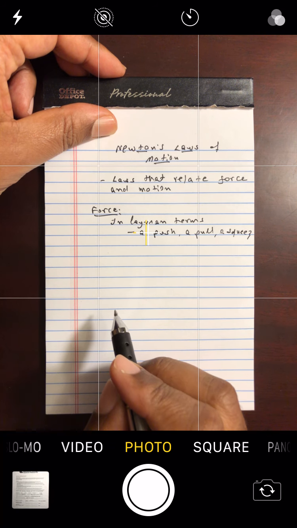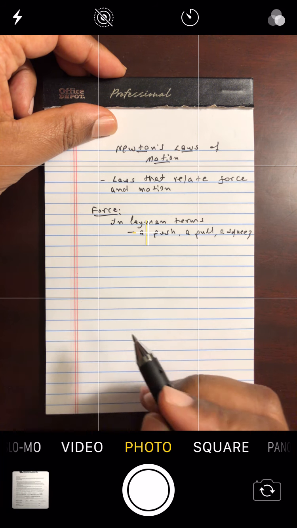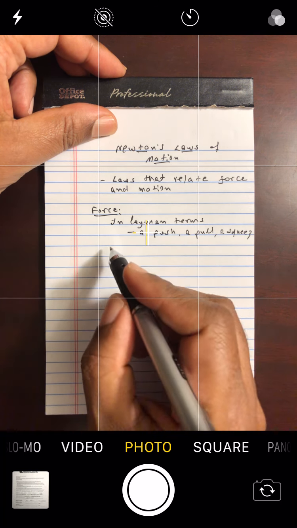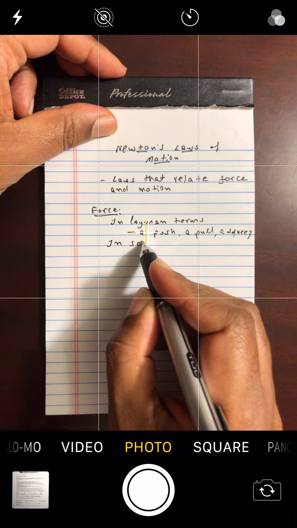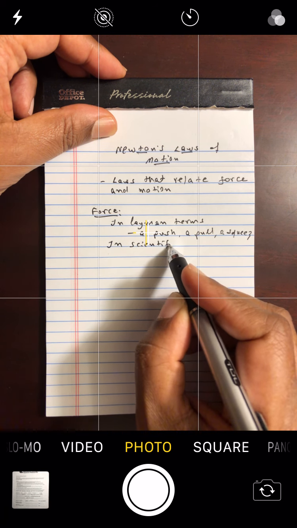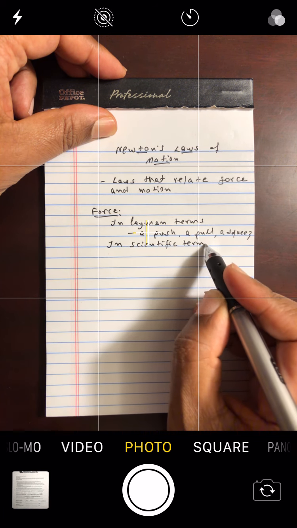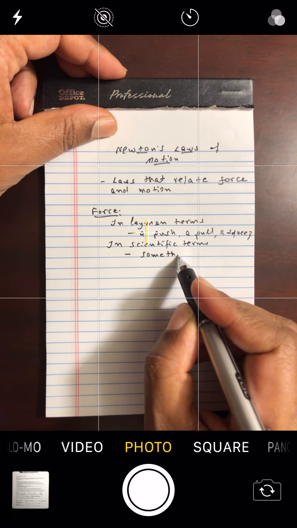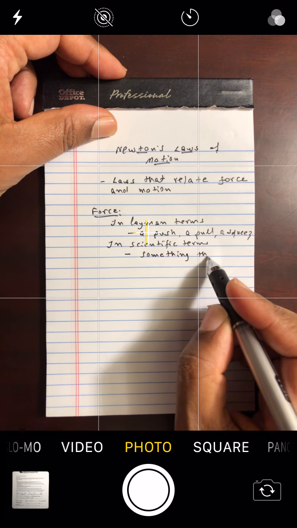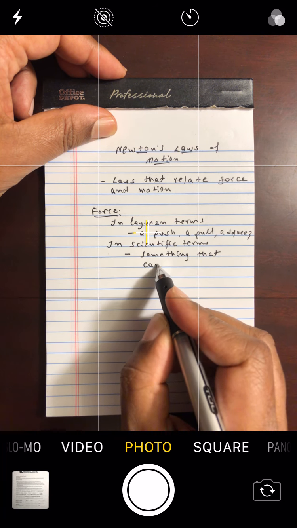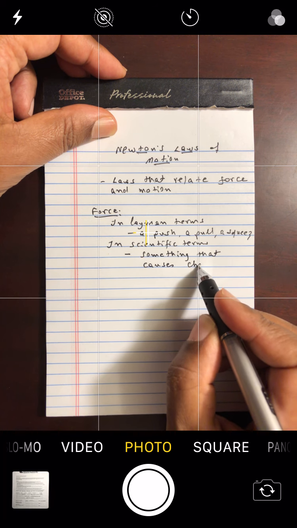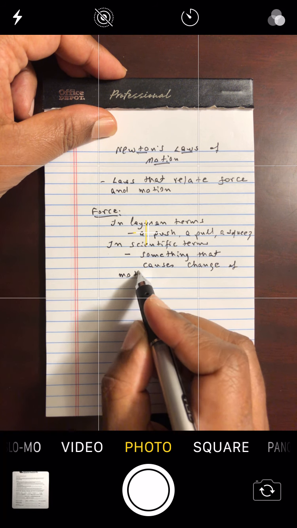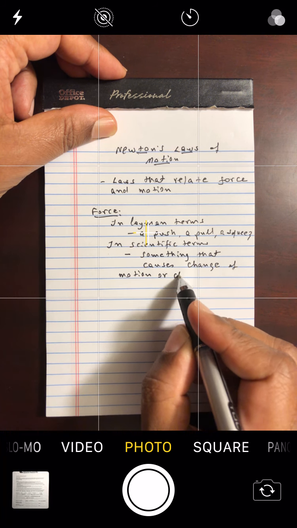Okay, but in scientific terms, force is something that causes change of motion or change of shape.